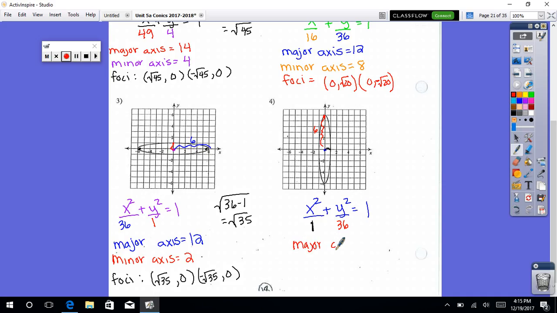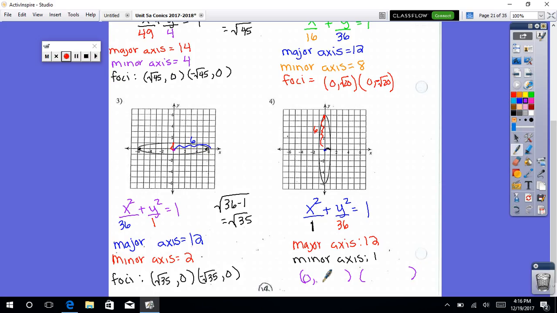This time my major axis is still 12. My minor axis again is 2. But this time my foci are the exact opposite. Okay, my foci are now going to be on my y-axis.